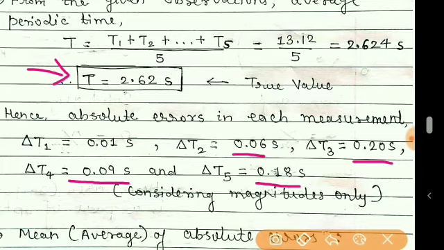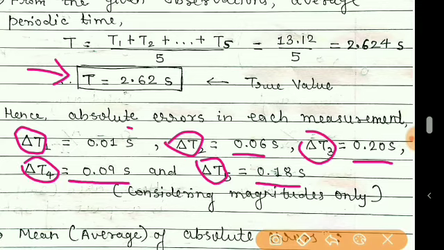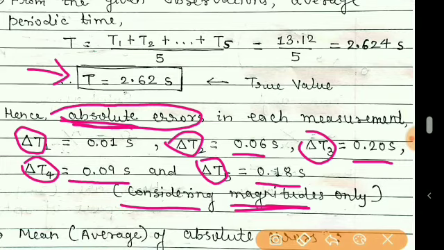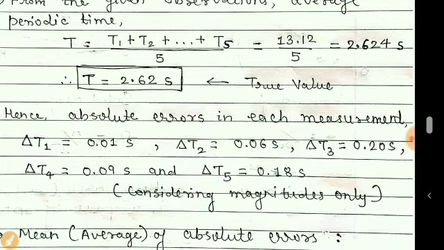You can see here each and every difference is considered positive only, because these are absolute errors, and so only magnitudes are considered. Now after obtaining each absolute error, what will we do? We will again take the average of these absolute errors.